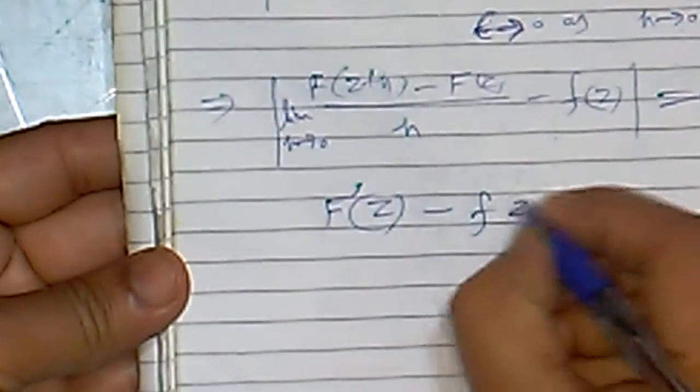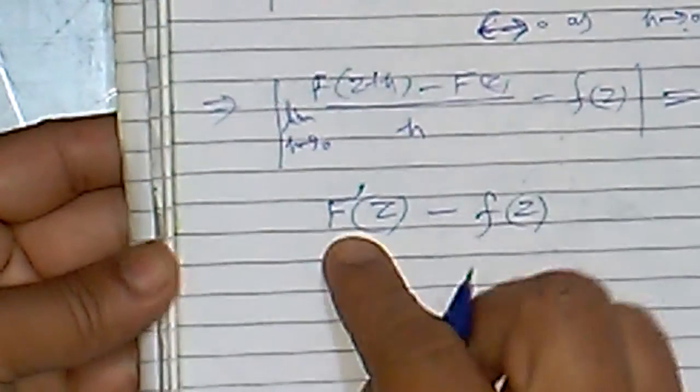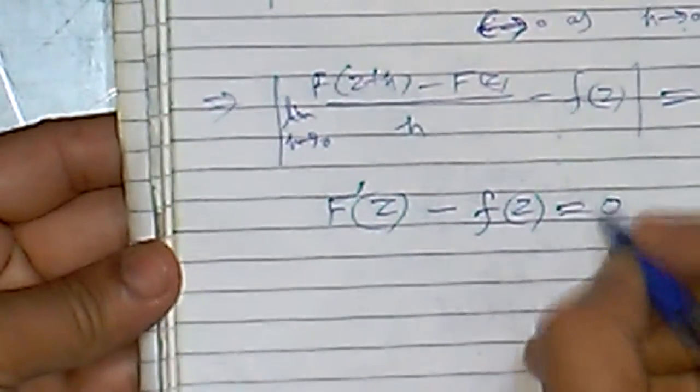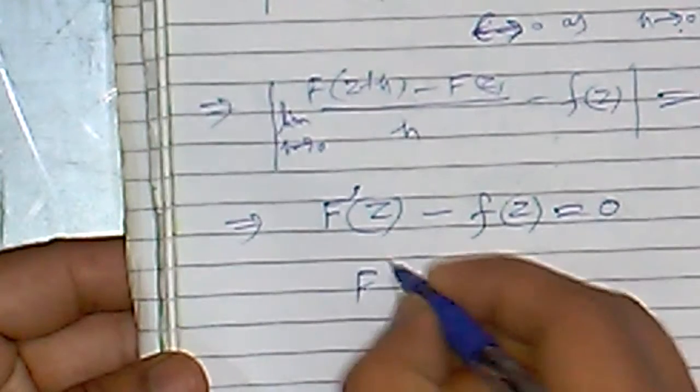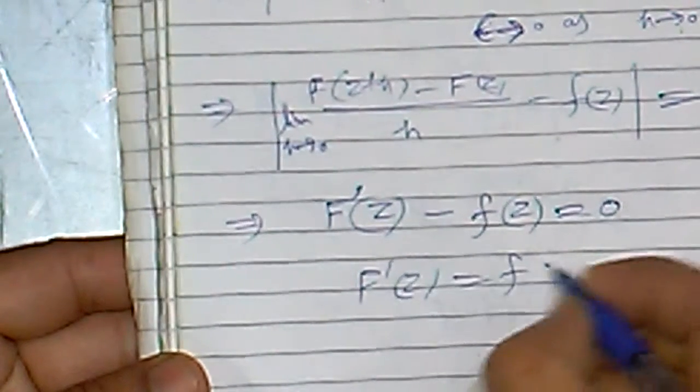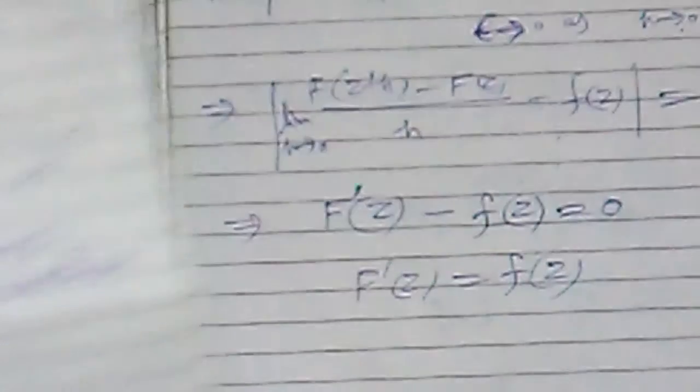So we write it in this one, and if the modulus of a complex number is 0, then that complex number is 0. So we write this, and also F dash z equals f(z).